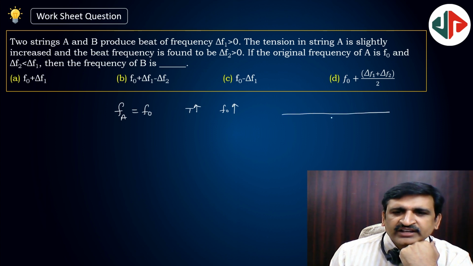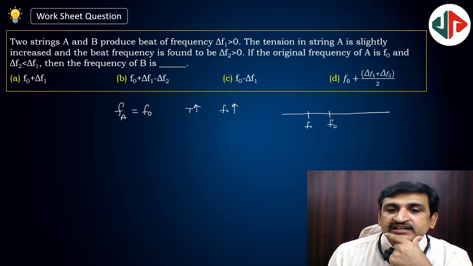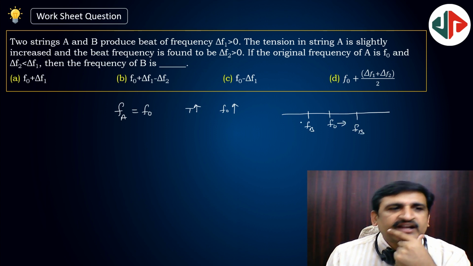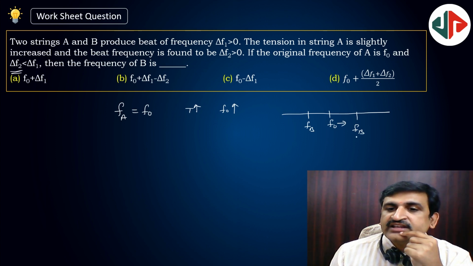See, on a number line, here is F0 and another frequency FB can be here or can be here. If A is increased, the number of beats is positive only, and he said delta F2 must be less than delta F1. That means it must be this one. Then only the number of beats will decrease, isn't it?